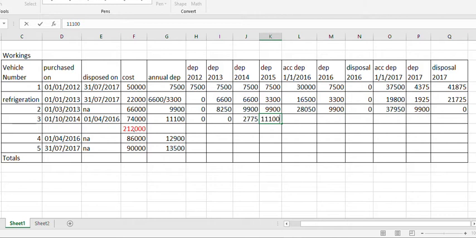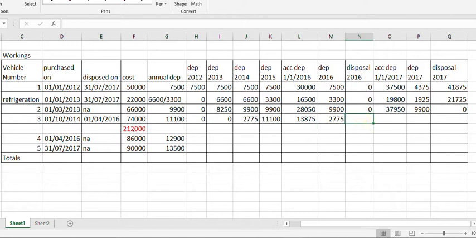We had it the whole of 2015, so full year's depreciation. On the 1st of the 1st 2016, the accumulated depreciation was these two added together, 13875, and we disposed of this vehicle on the 1st of April 2016. So that would be a full year's depreciation divided by 12 multiplied by 3, 2775.